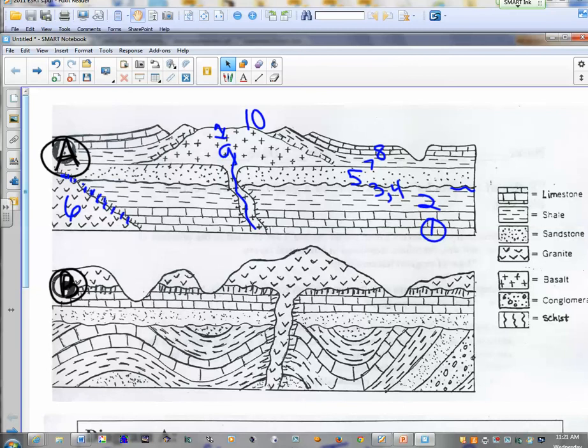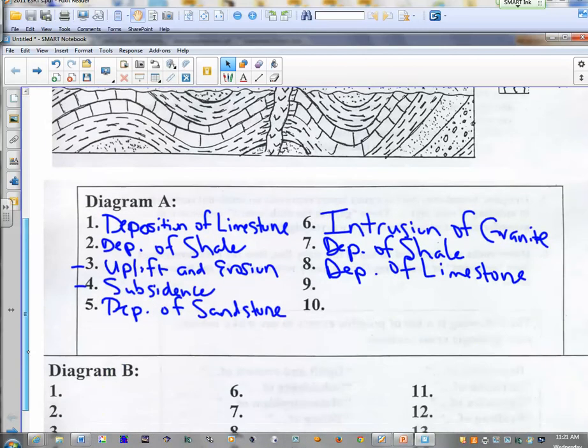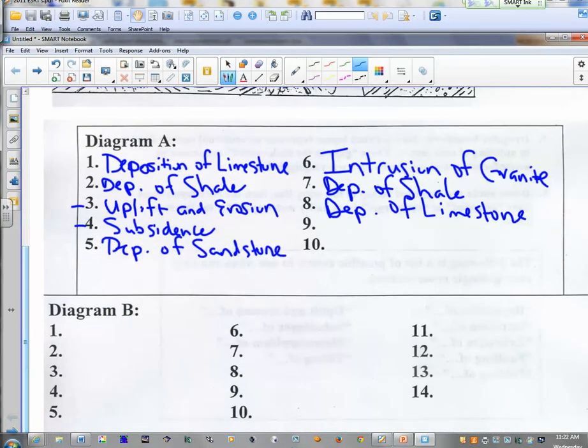And maybe it was an intrusion, it's just below the surface, but we have to pick one or the other, so my choice is extrusion of basalt. Remember, it has smaller crystals because it cools near the surface or on the surface. And that last step, it was all bumpy. Most of my cross sections have this on the top, so this is another erosion. Uplift, just in case it's below water, and erosion.